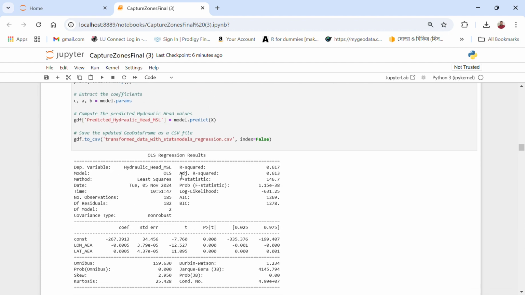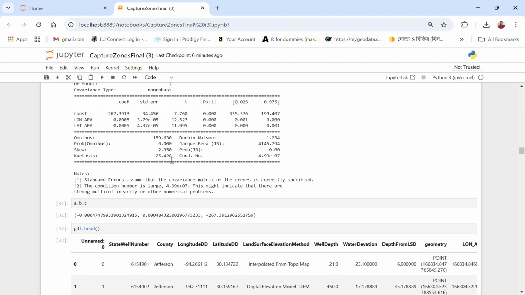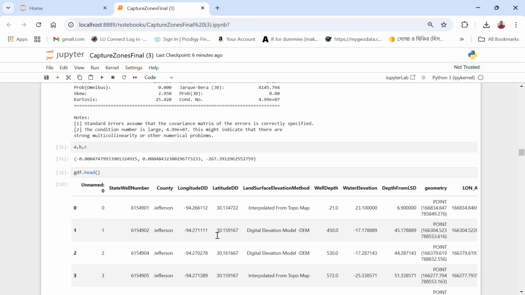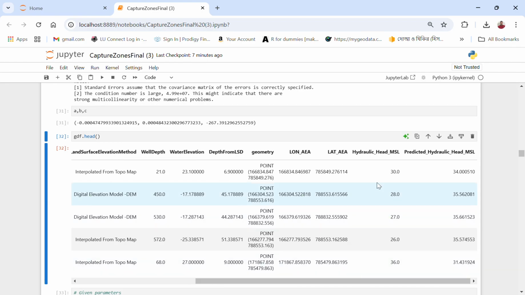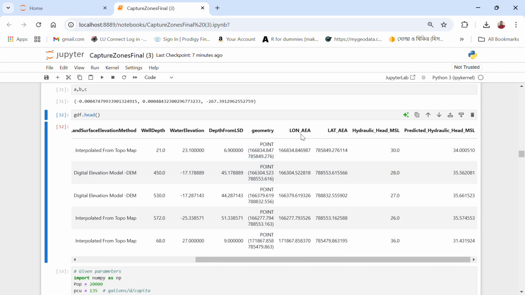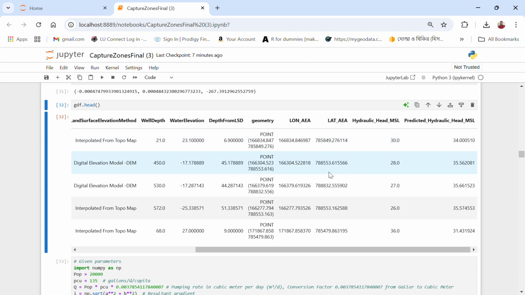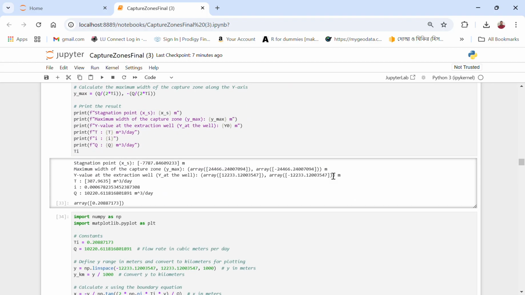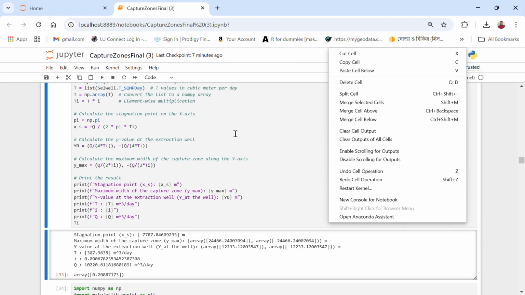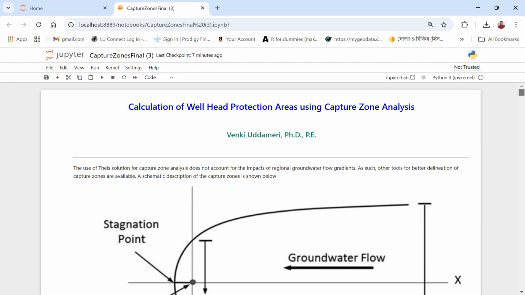After running that regression, I found the regression coefficient values, and from this regression I extract a, b, c, the regression coefficients. I want to show you my file, and in this file I choose latitude, longitude, and hydraulic head, and with these three values I made the regression and found my data for the boundary equation.